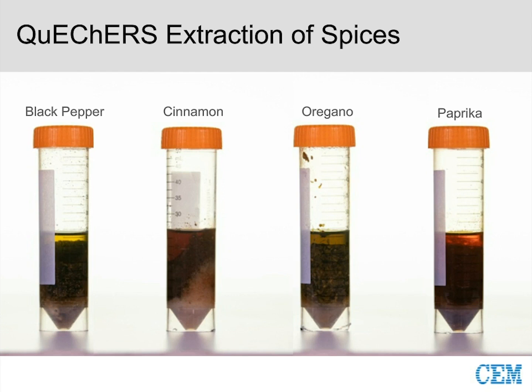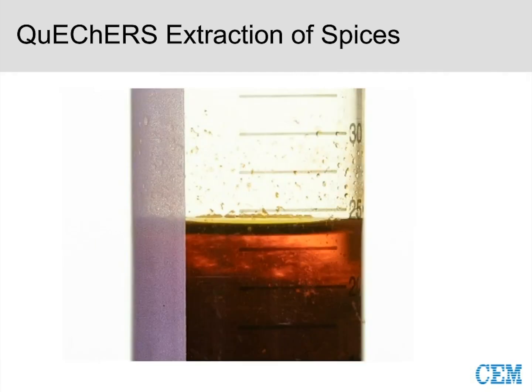There's a lot going on here. And the next step that you need to do is to take a mill and then move on over to the dispersive SPE step. So if we zoom in on the paprika extract here, you can see how that's not trivial to be able to get a mill off of this and then move on to the next step.